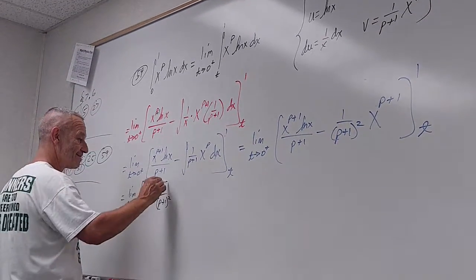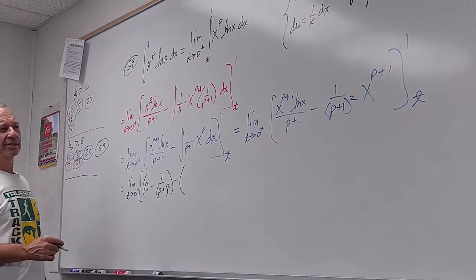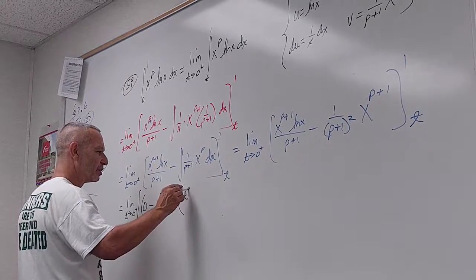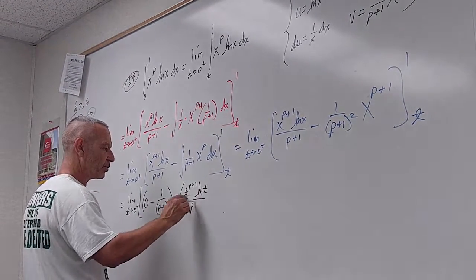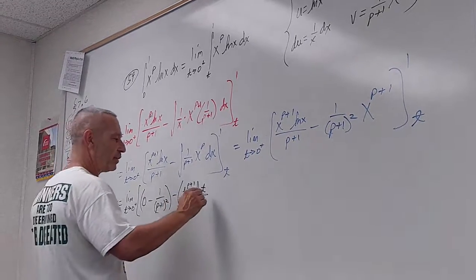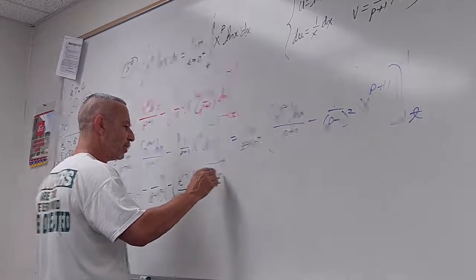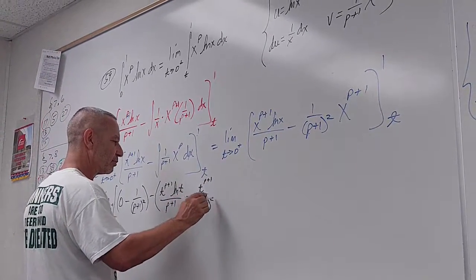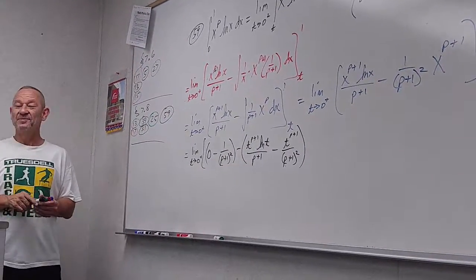Right? Now I'm going to subtract, plug in t. So t to the p plus 1, ln t, over p plus 1, minus t to the p plus 1 over p plus 1 squared. Fun problem, huh?